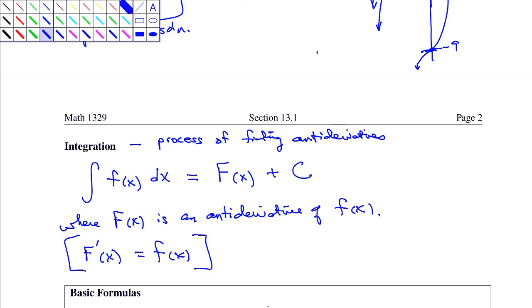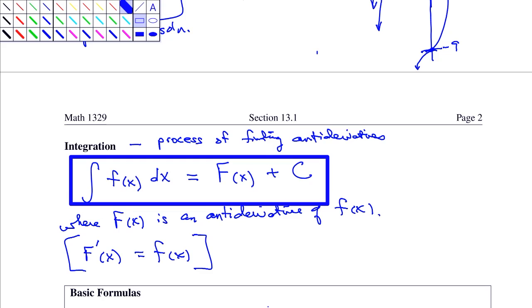But here is the notation. See if I can do this right. There it is. This symbol is called the integral sign.